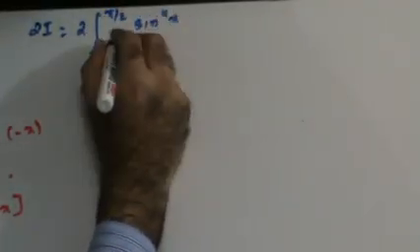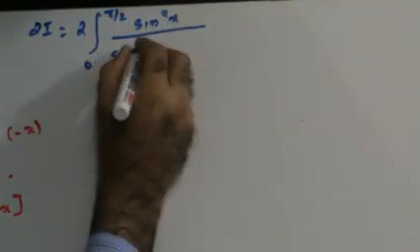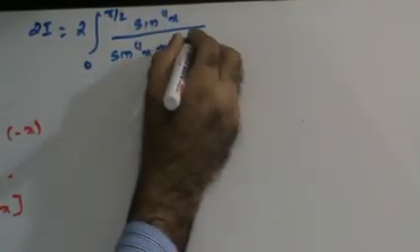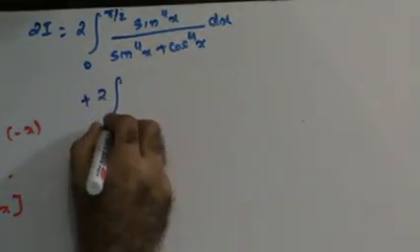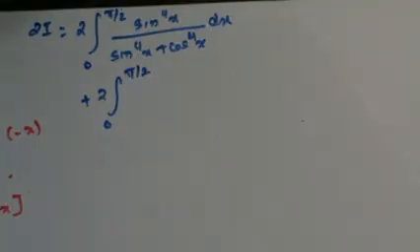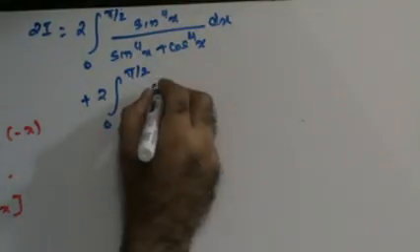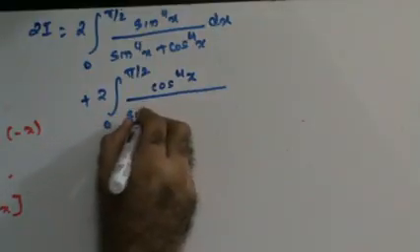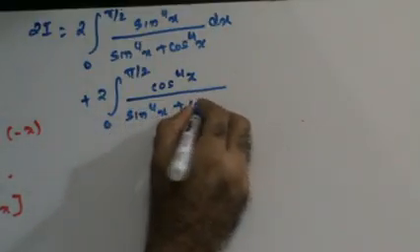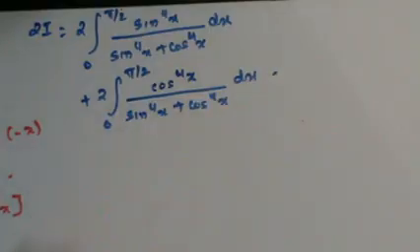is equal to twice integral of 0 to pi by 2 sine raised to 4x upon sine raised to 4x plus cos raised to 4x dx plus twice integral of 0 to pi by 2 cos raised to 4x upon sine raised to 4x plus cos raised to 4x dx.